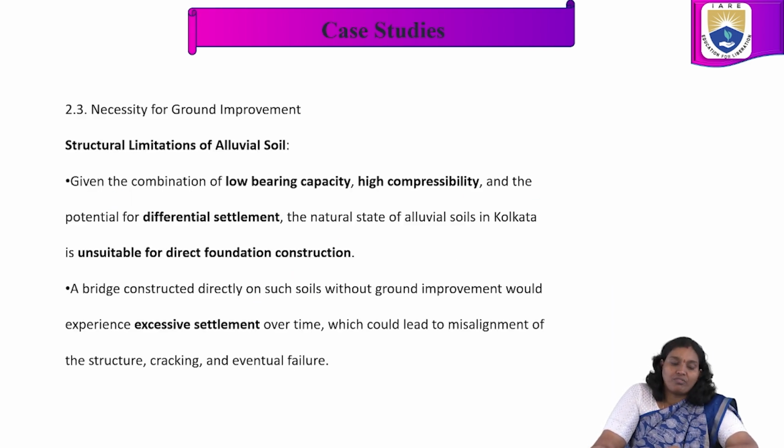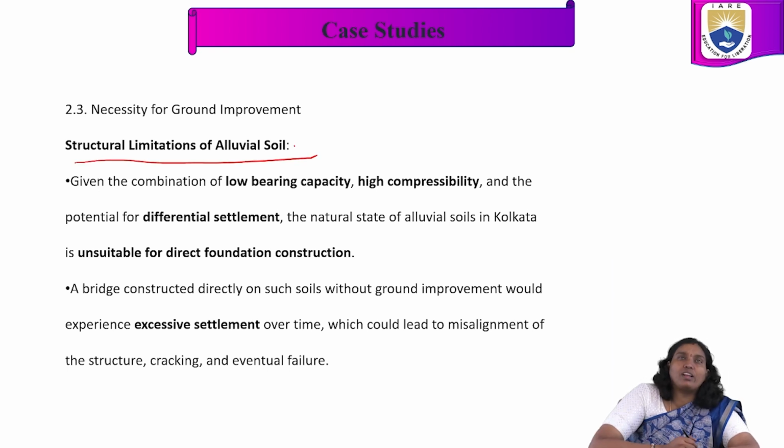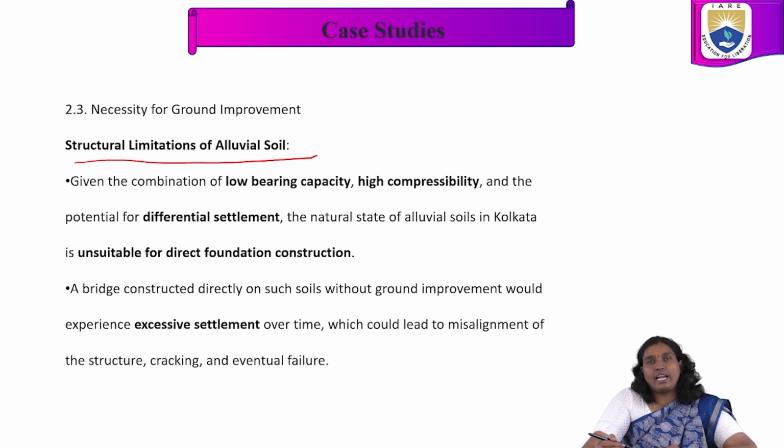Now, the necessity of ground improvement techniques given the structural limitations of these alluvial soils, because of the silt, clay, and sand layers, the water retention and the drainage conditions. The soil is highly compressible with high plasticity.